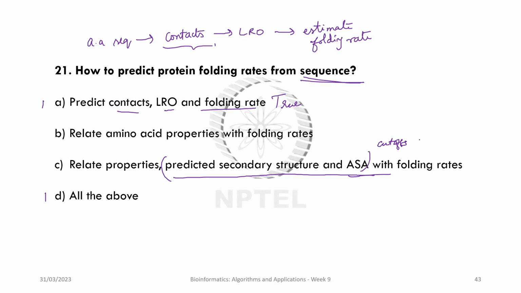So before you predict contacts, there are a series of steps which are elaborated in C. This is a side point where you are looking into different amino acid properties ranging from accessible surface area to propensities, because how else do you predict the secondary structure, right?